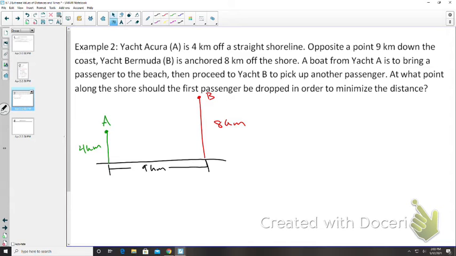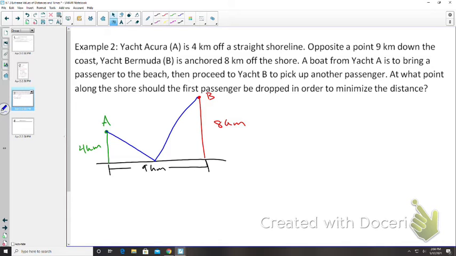A boat from yacht A is to bring a passenger to the beach and then to proceed to yacht B to pick up another passenger. Okay, so we're going from A to the shoreline and then over to B. So the question is asking us at what point along the shore should the first passenger be dropped off in order to minimize the distance.